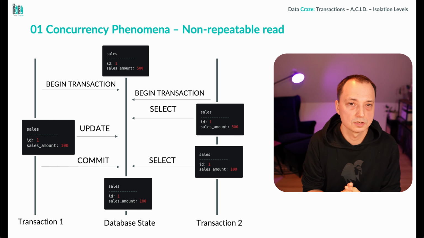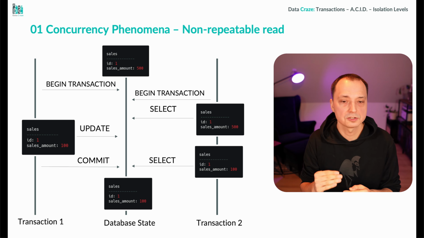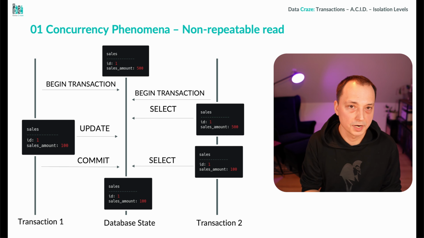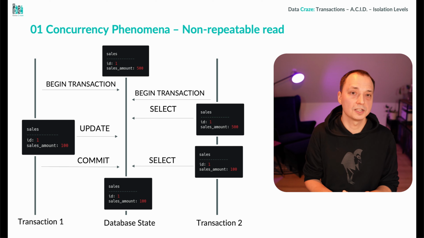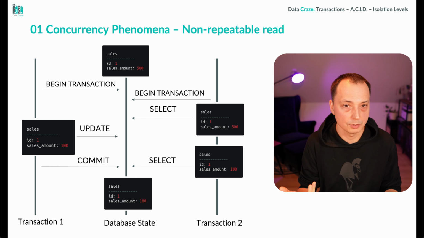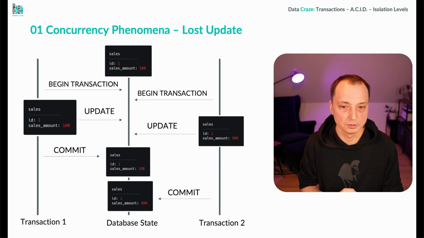Yes, because the state is 500, right? Okay, let me start. And some operations are executed, but then when we are actually executing the operations, yet again, the state is not 500 anymore, but 100. And that may lead to some serious problems, right? Non-repeatable read in this example.